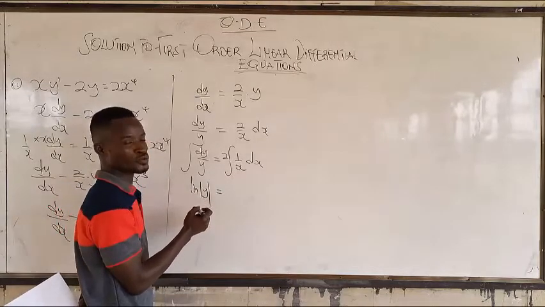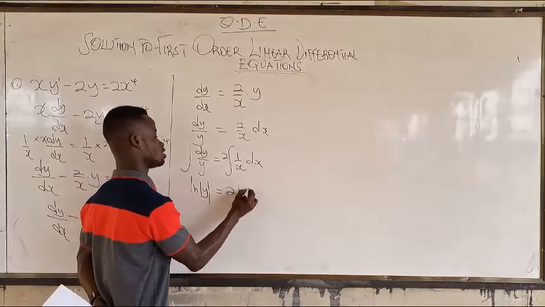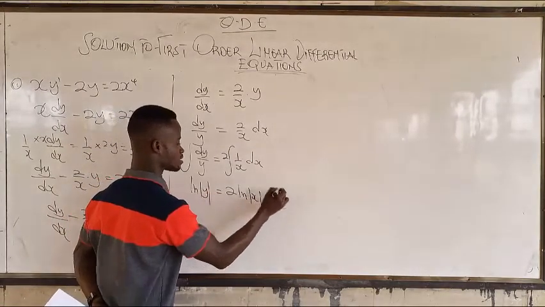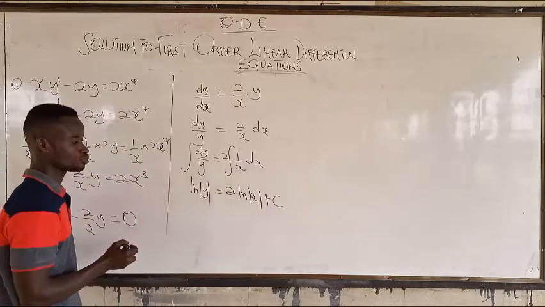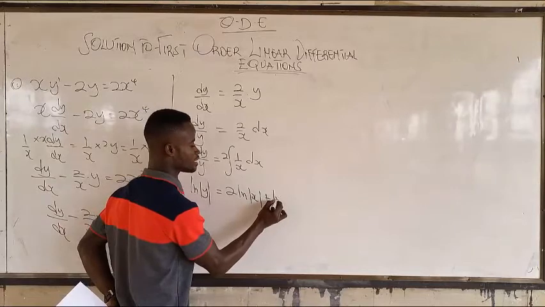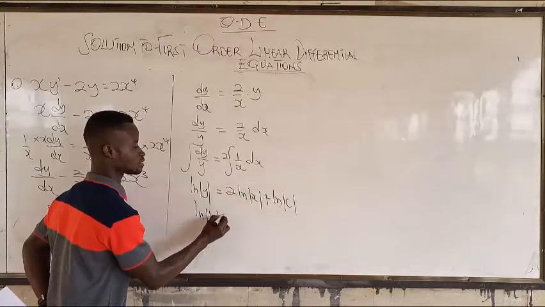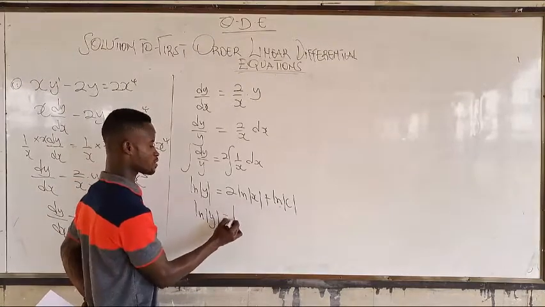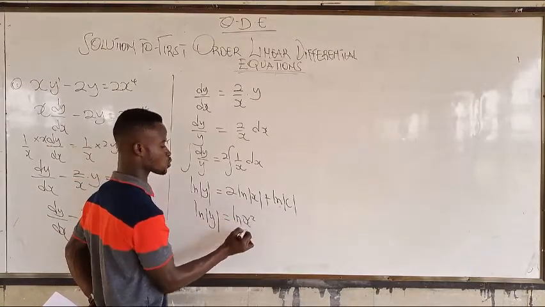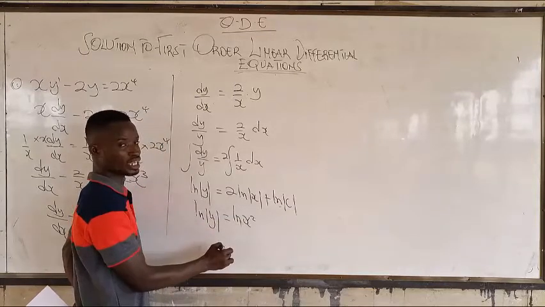And don't forget that we will make y the subject. Ln x plus c. And this ln c, we can write it ln c so that we can combine this. We can write it as ln x squared. And here, since it's squared, you don't bring down both sides.